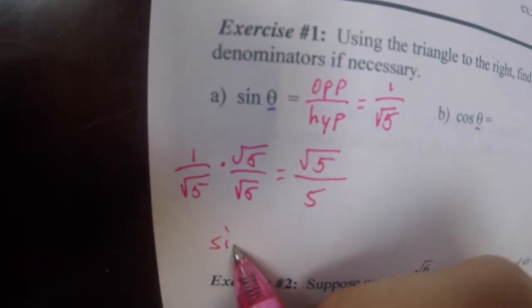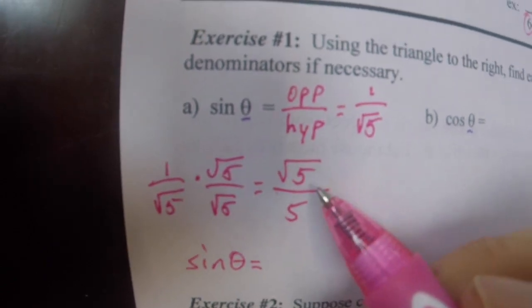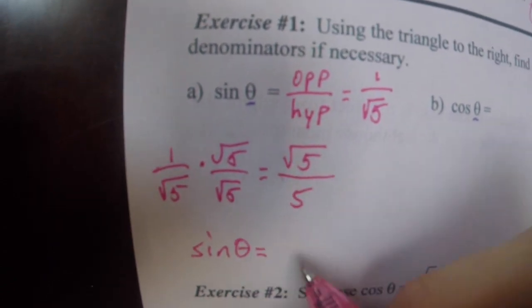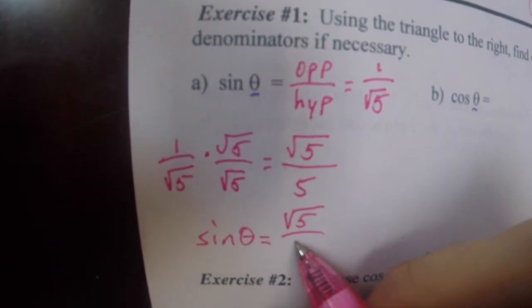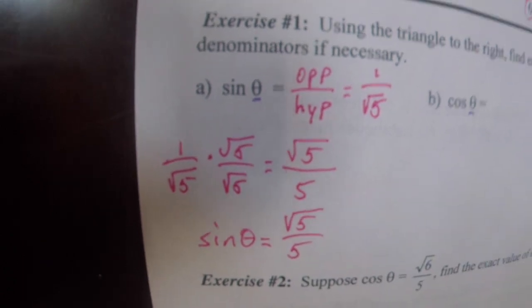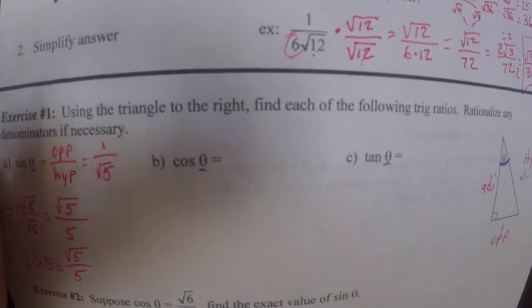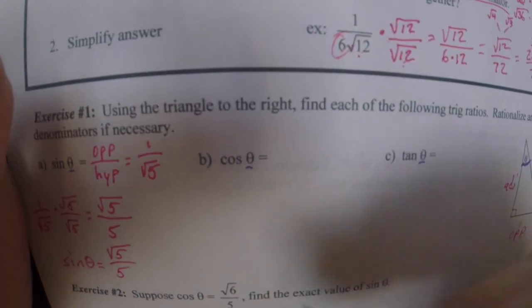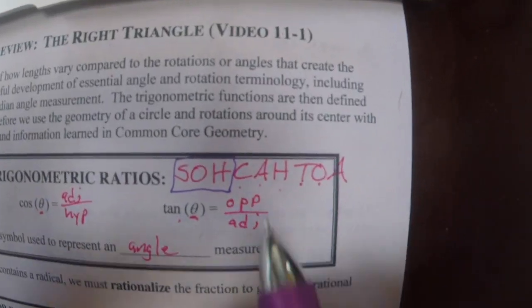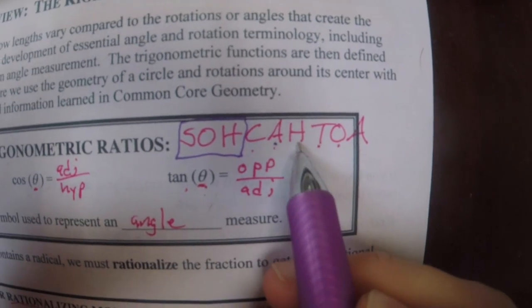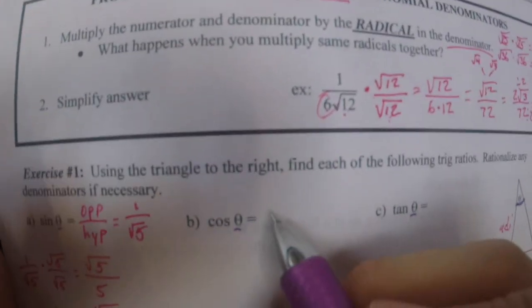So, fully rationalized, the sine of theta is radical 5 over 5. All right, what about the cosine of theta? Cosine from SOHCAHTOA is adjacent over hypotenuse.